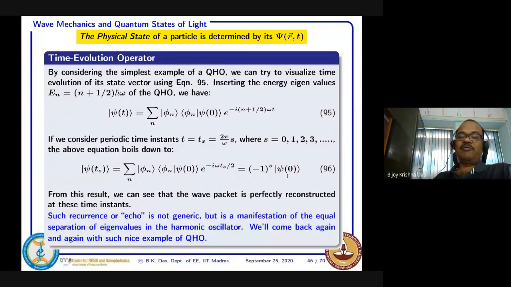So that means one time period it will come minus with a ground state, and another time period it will come plus. And at intermediate times, you will have another time constant, and in that case all the states will have different values. N values will be there, right? Because we are not putting s as an integer now, but at another time instant.